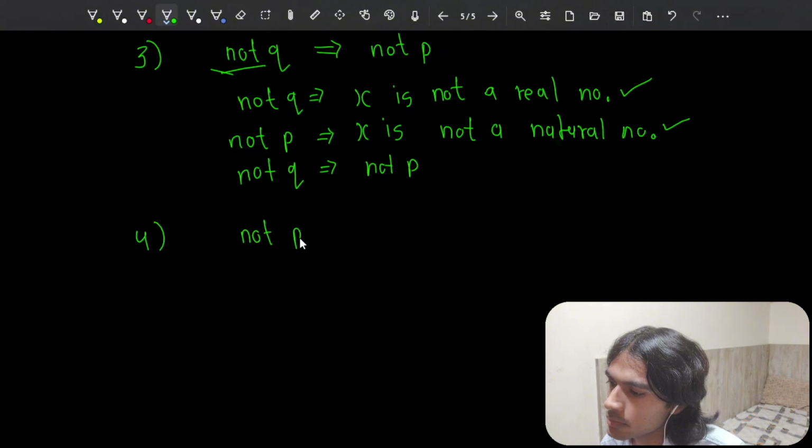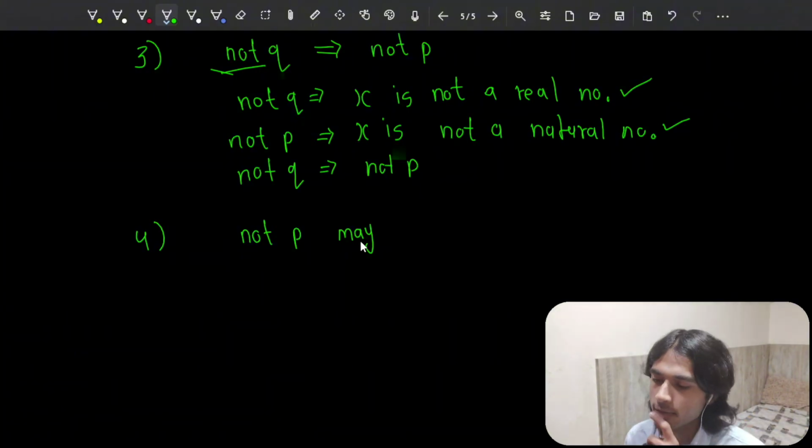Not P may not imply not Q. Let me just think. So when we are saying not P, that means X is not a natural number, right? And I'm saying that it may not be a real number.